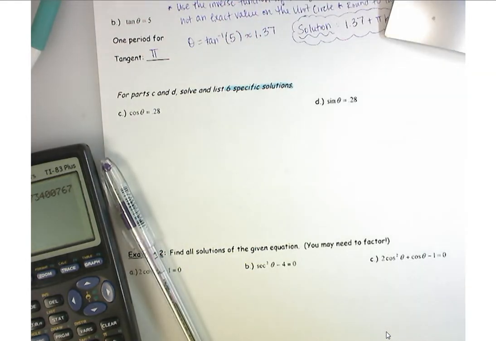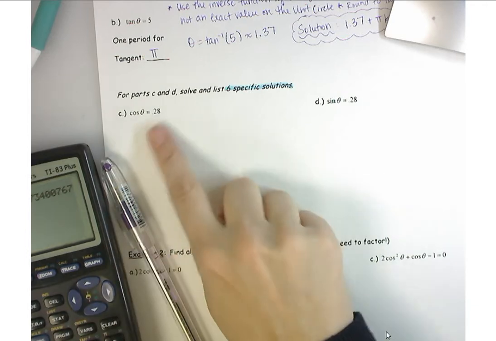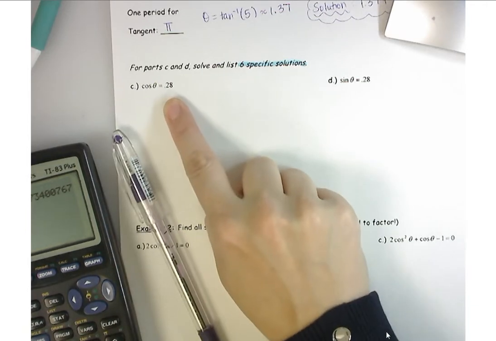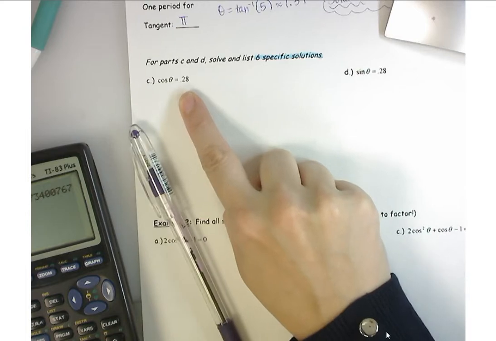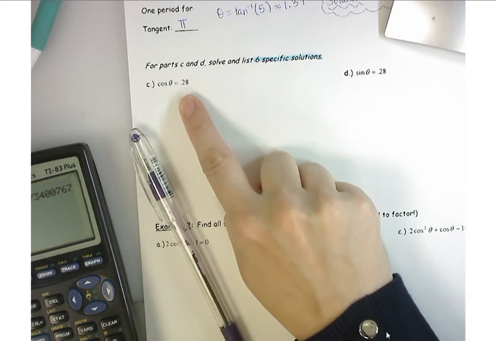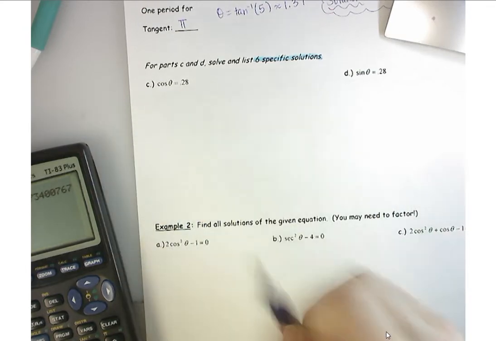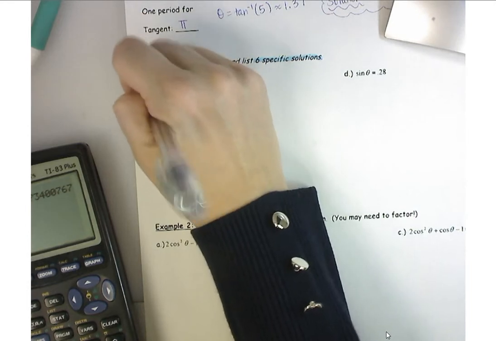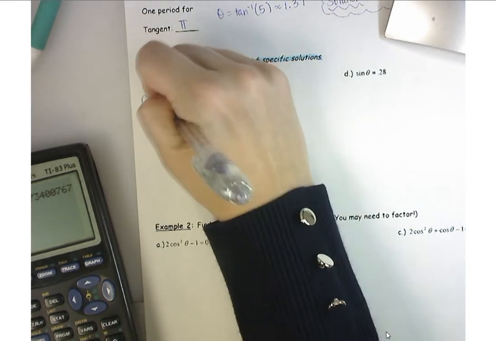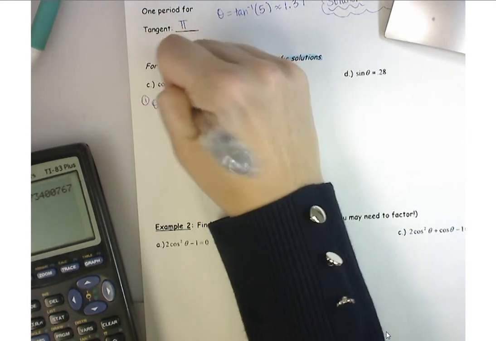So the first part we're going to solve like normal. So 0.28, is that an exact value on your unit circle? Nope. So then if it's not an exact value, then we're going to have to use the inverse. Okay, so your first step to find theta is to use the inverse of cosine.